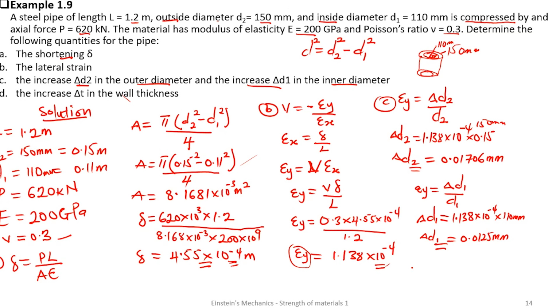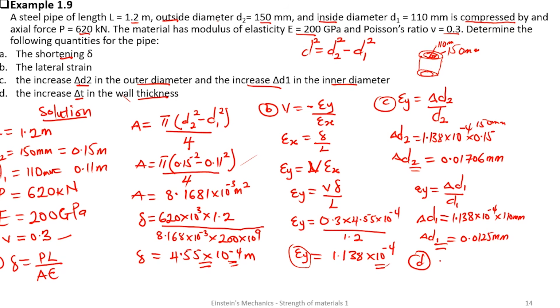Now let's look at the D. I have a little space, I don't want to clean so that I can have the full view. D says the increase in the thickness, change in T, that's the wall thickness. We are going to follow the same step as whenever you are given a cylinder form that has two diameters.